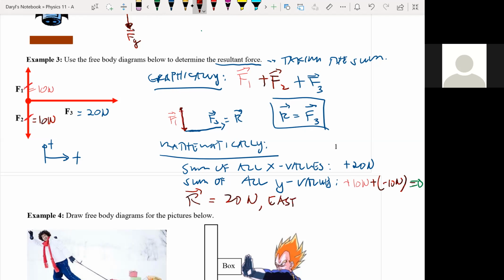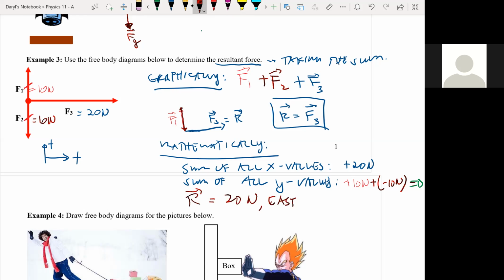So remember that I cannot add 20 to 10 and 10 because that is on a different component. That is in the y component. So when we do vector addition and vector subtraction, specifically in this case because we're taking the resultant, the sum, we're just taking the sum of all x components and y components. If we're creating a right-angled triangle, that means neither the x nor the y is 0.